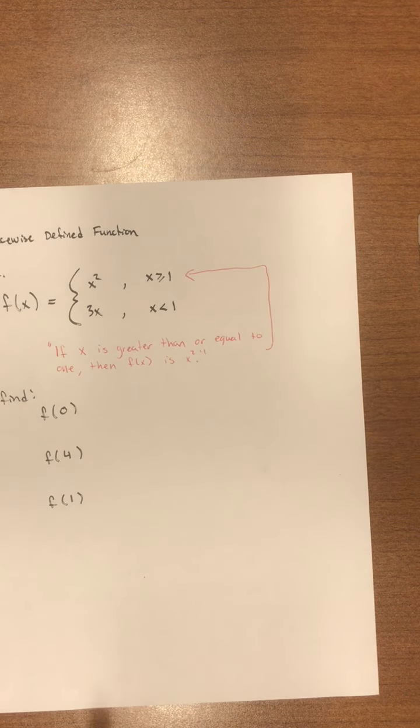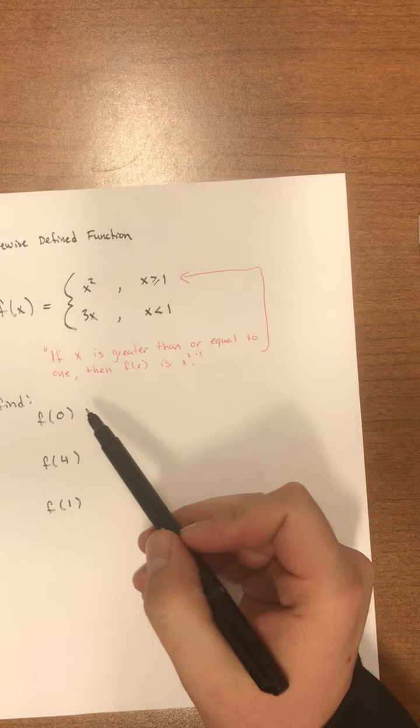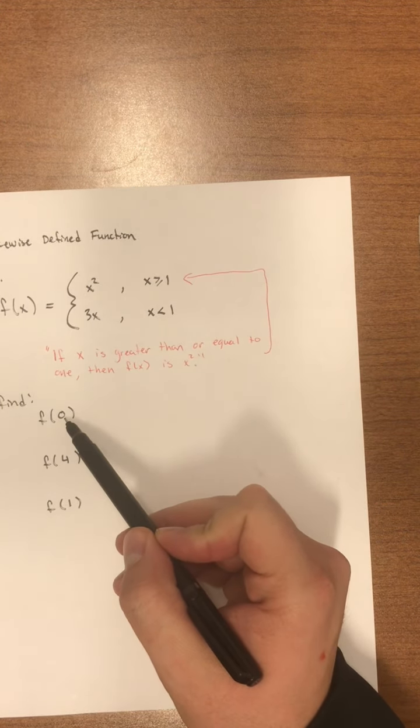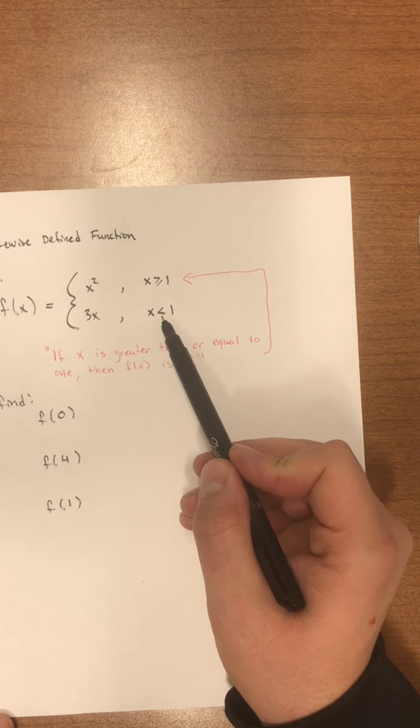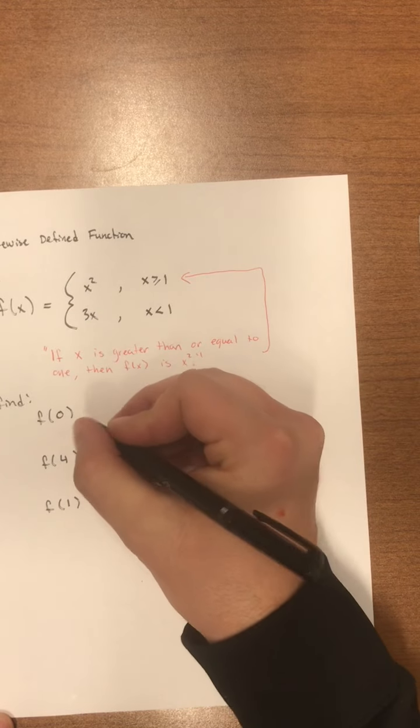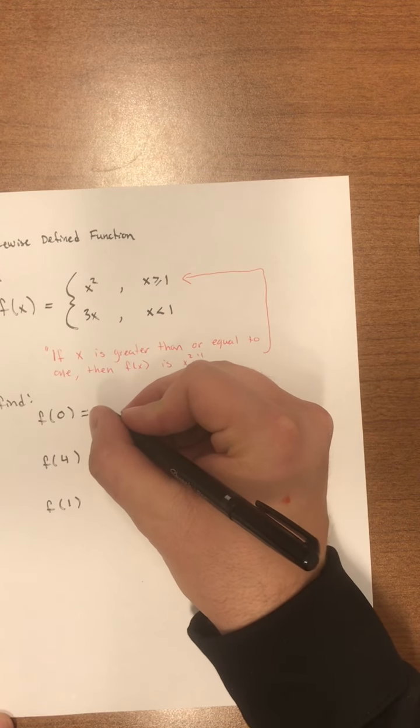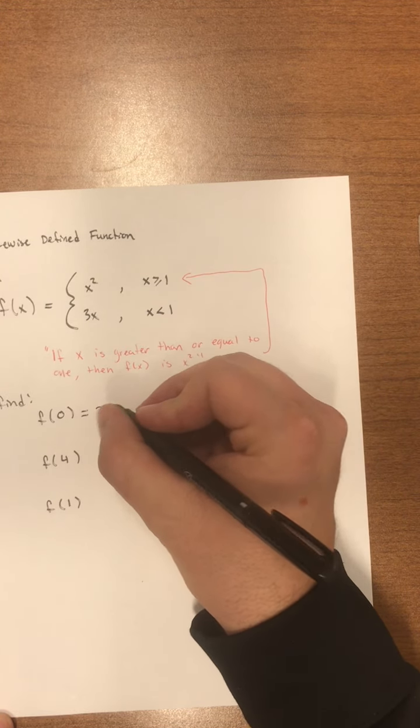So let's answer these questions. Let's evaluate the function for f of 0. Now, the independent variable value is 0, so that fits into the condition that 0 is less than 1, which means that the output we need to use is 3 times the independent variable value.